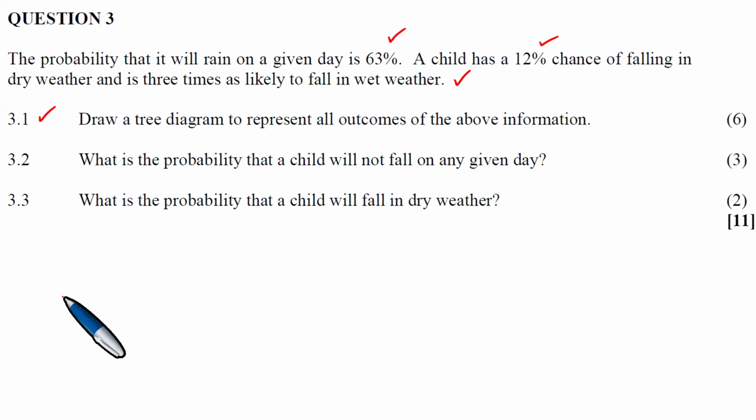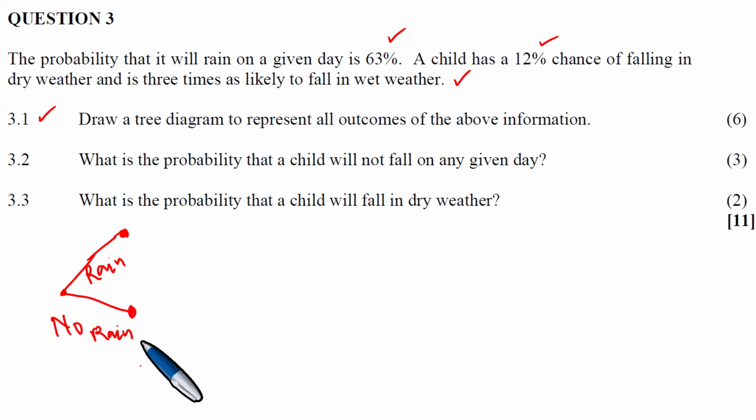There are 2 possibilities first. It is either there is rain or there is no rain. Take note, the probability to rain on a given day is 63%.